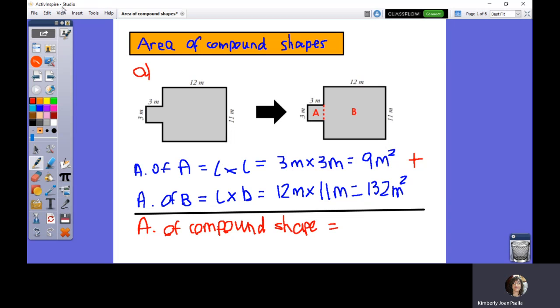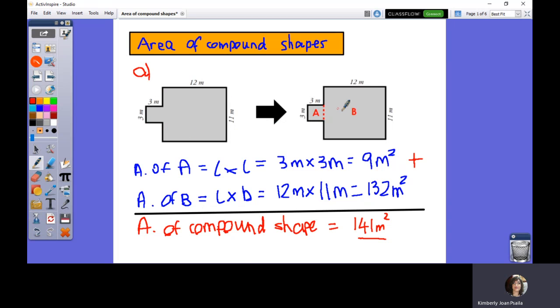We have to add the area of A and the area of B. And you should get the answer of 141 meters squared.